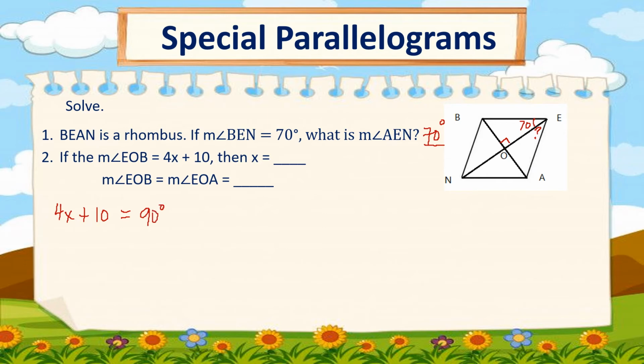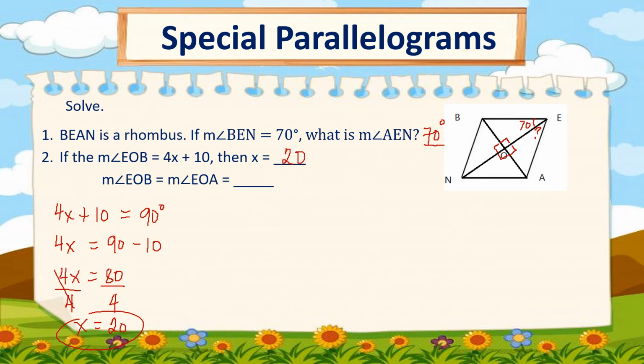Since the diagonals of a rhombus are perpendicular, meaning they form 90-degree angles at their intersection. So 4x plus 10 is equal to 90. We can now solve for x. We have 4x is equal to 90 minus 10. 4x is equal to 80. Divide both sides by 4. Therefore, x is equal to 20.